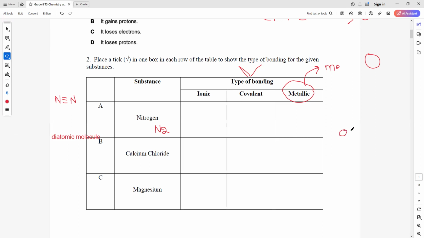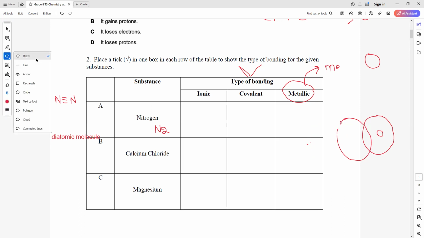So this is the nucleus of those 2 nitrogen atoms, and we have the outermost shell here and the next outermost shell here, right? Now, this is the nucleus.